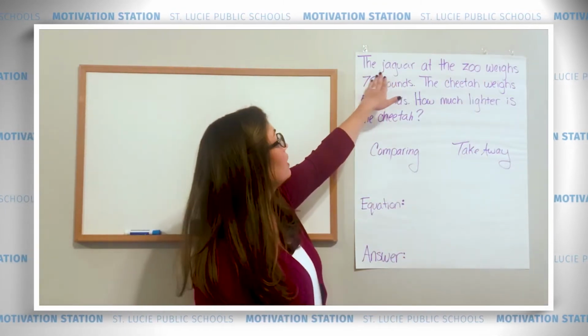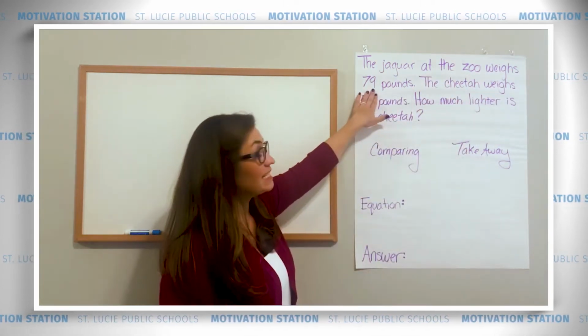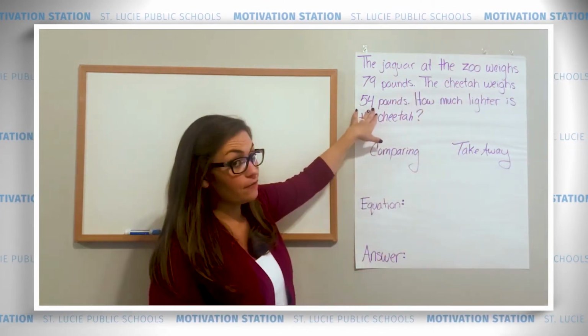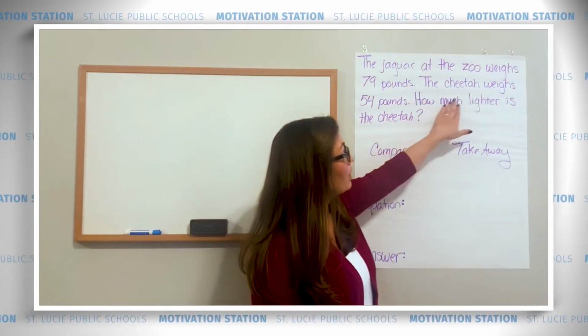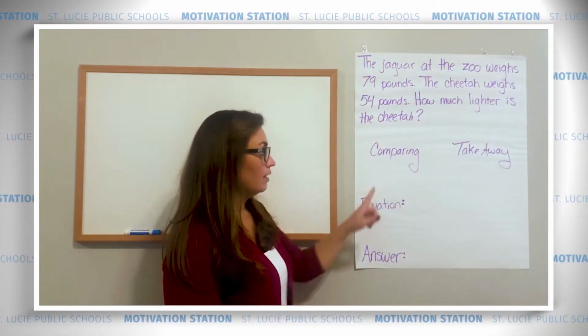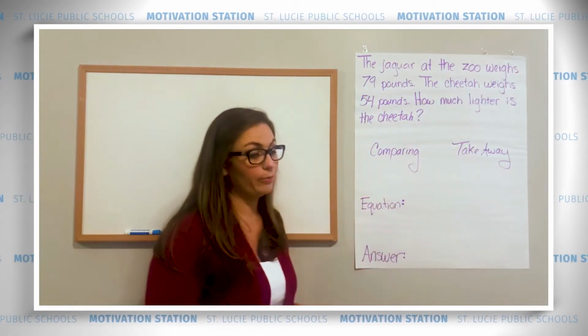Read with me. The jaguar at the zoo weighs 79 pounds. The cheetah weighs 54 pounds. How much lighter is the cheetah? Ask ourselves, is this a comparing problem or a takeaway problem?